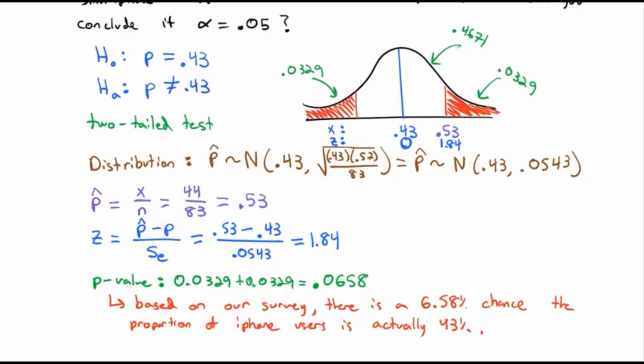Now, at first glance, you might say that's not a very large percent. But remember, we did say up at the top here that alpha is 0.05. And that means we will continue to believe the null hypothesis is true as long as the probability does not dip below 5%.